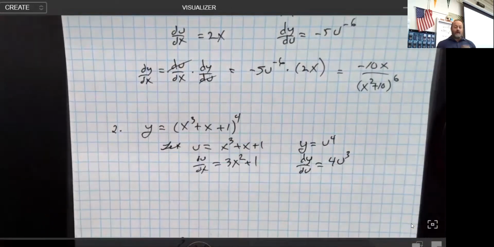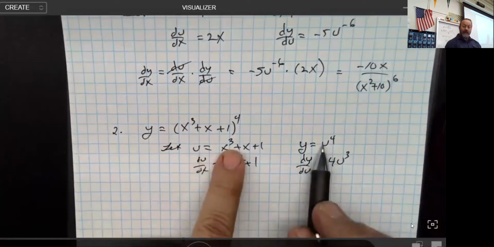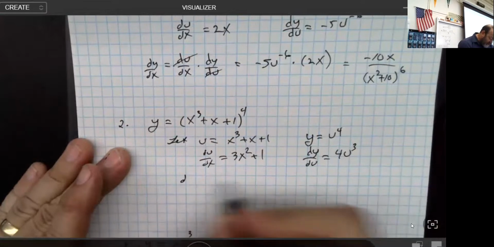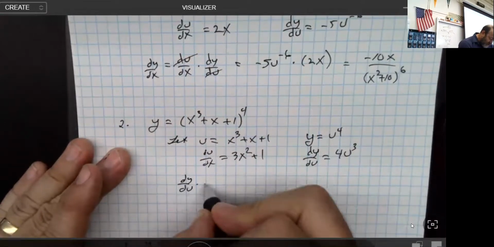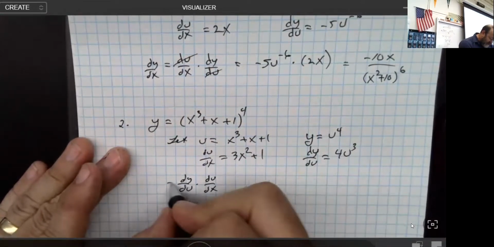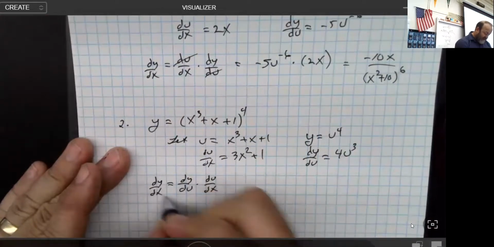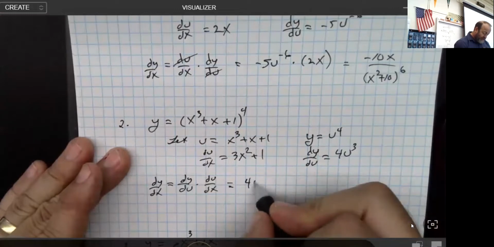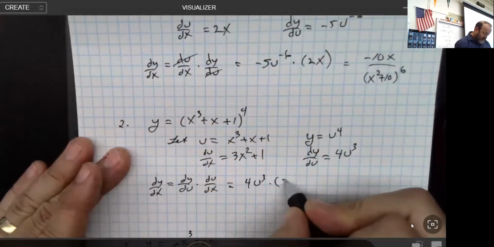Again, quick power rule. You notice one of the benefits of this chain rule is you're taking a hard problem and turning it into 2 independently very easy problems. And then, of course, dy du times du dx would in fact be dy dx. So there we go. Dy du is 4u cubed times 3x squared plus 1.